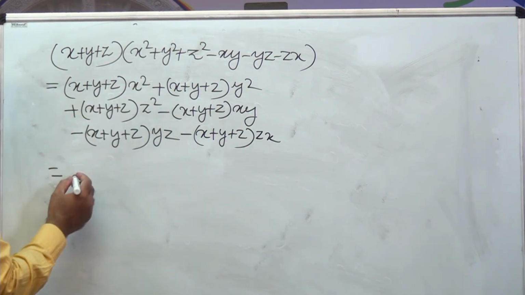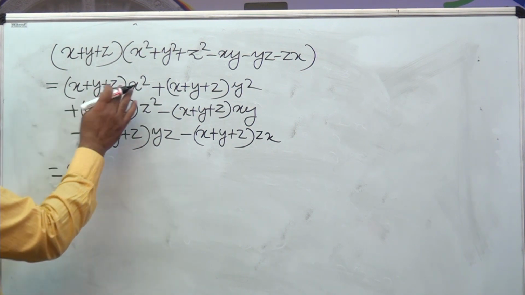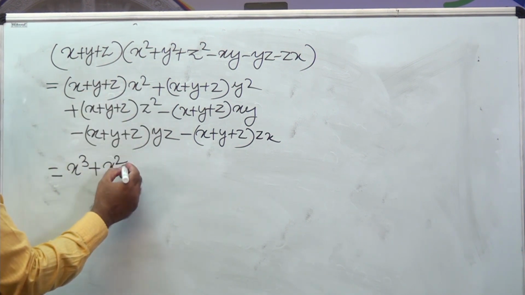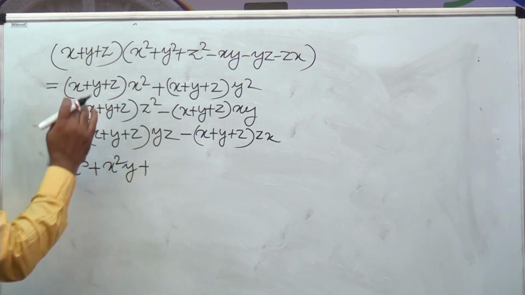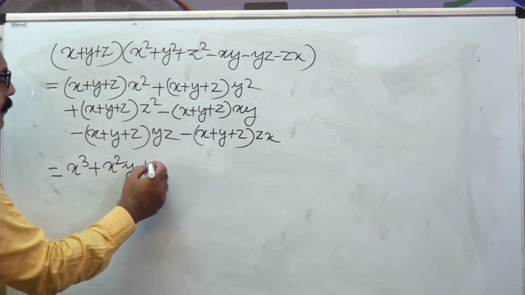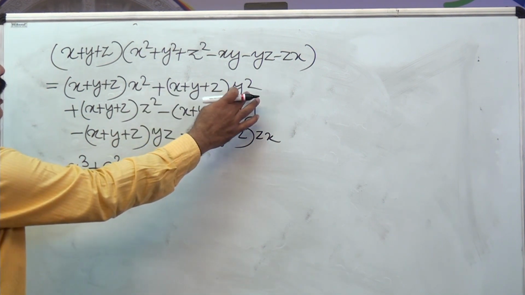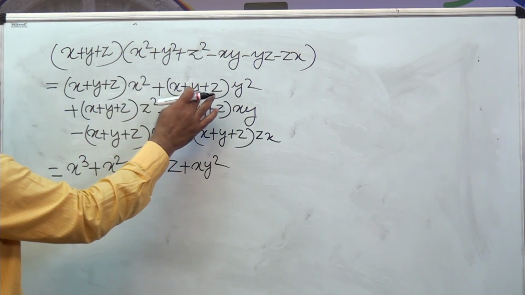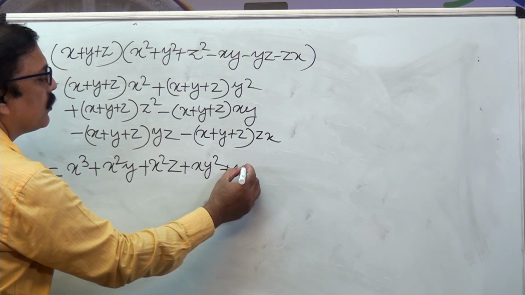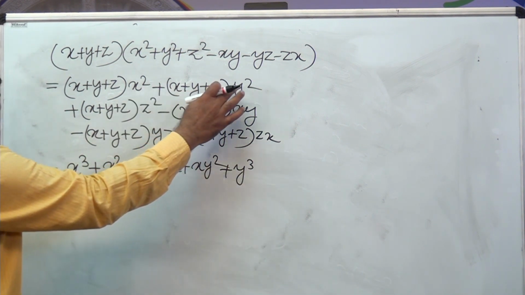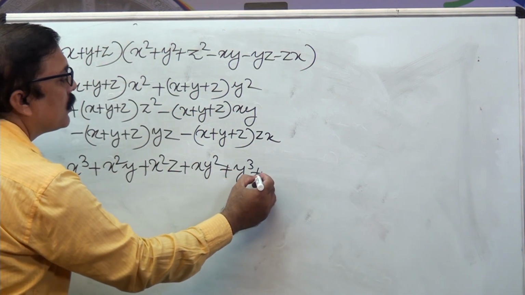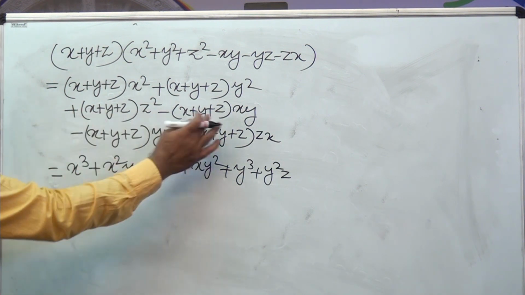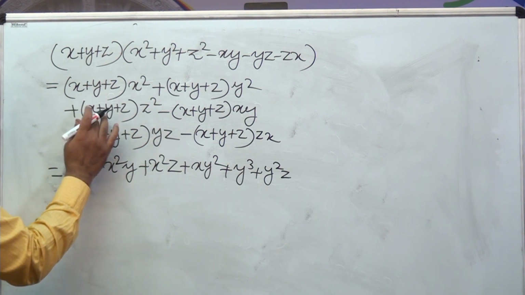If we multiply in the first one, we have x square into x gives x cube, plus x square into y, x square y, plus x square into z gives x square z. y square into x gives xy square. y into y square gives y cube, and z into y square gives plus y square z. In the second line, we multiplied x with z square.